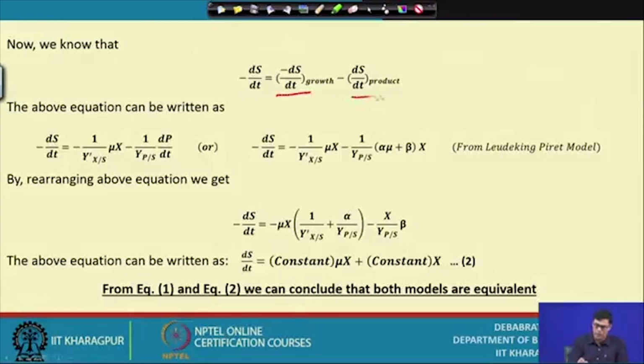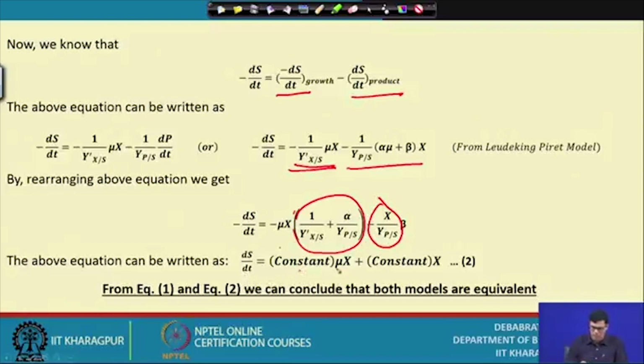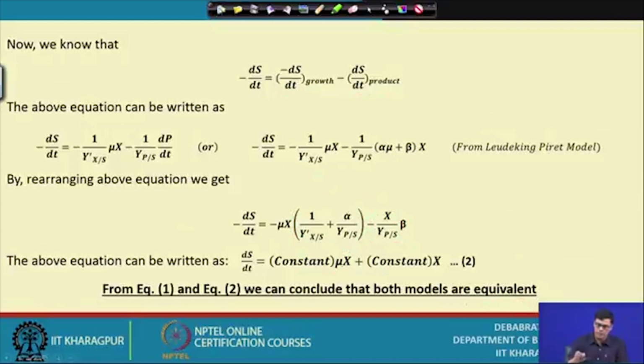One is for growth, another is for product formation. Whatever substrate is used for growth, I can write like this, similar to the Pirt equation, and this is from the Luedeking-Piret model. Now if we analyze these two equations, then we can write minus ds by dt equals this minus this, though this is constant and this is also constant. So we can write ds by dt equals constant into mu x, plus constant into x, and we have found in the case of the Pirt model it is also the same. So from that we can conclude that both are equivalent.